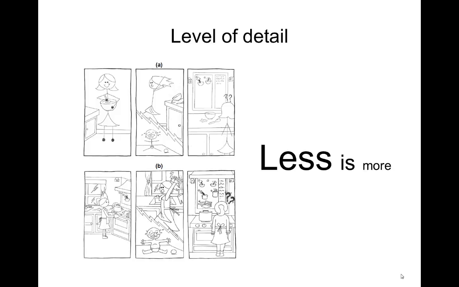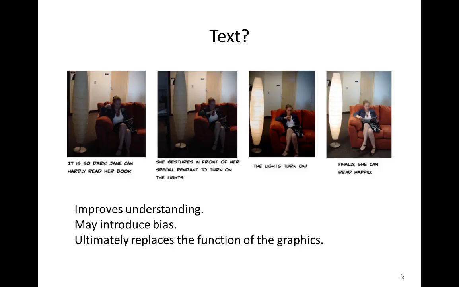And these were deemed to be more useful than the ones with the extraneous information, not surprisingly. These were more immediately understandable, basically. So keep things simple in your storyboard is the lesson of that one.